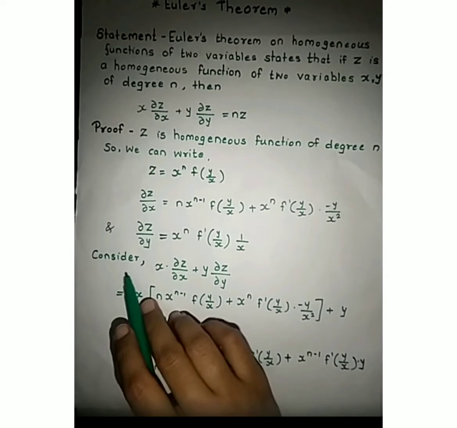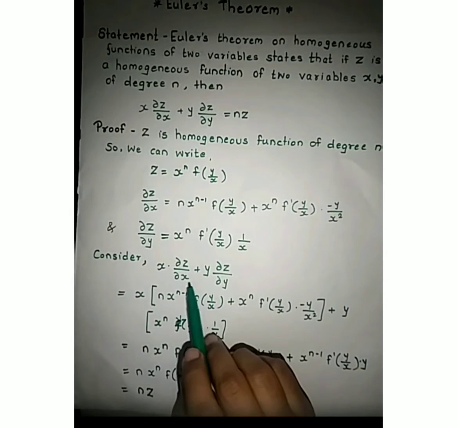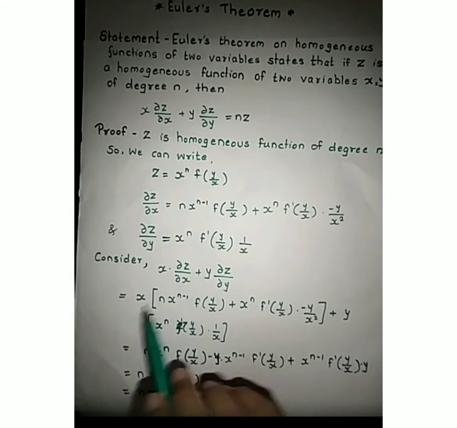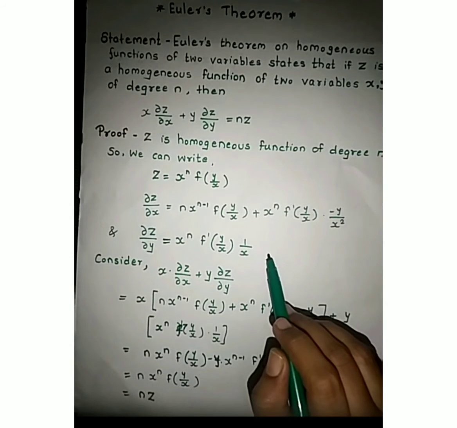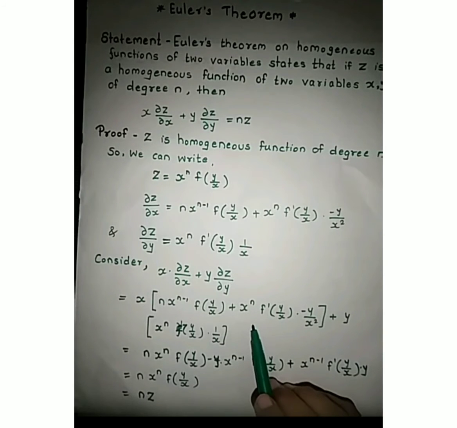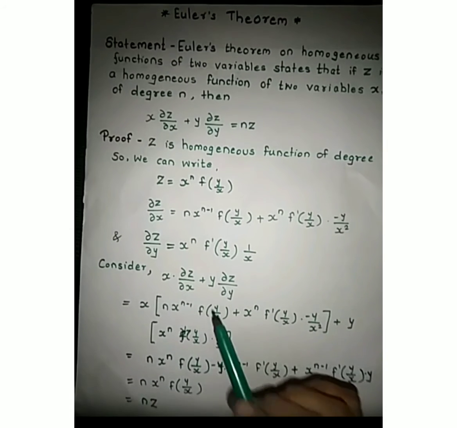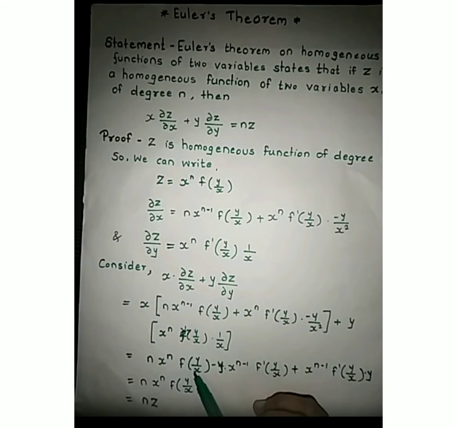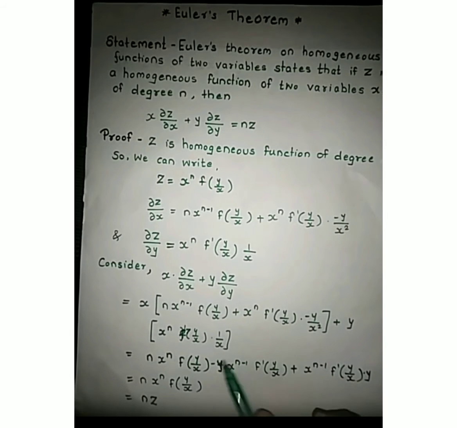Now consider the LHS. Therefore, x ∂z/∂x plus y ∂z/∂y is equal to x times... we will put both these values of ∂z/∂x and ∂z/∂y in this equation. So after solving, when x is multiplied inside, we get n x raised to n f of y upon x minus, this minus sign comes here.